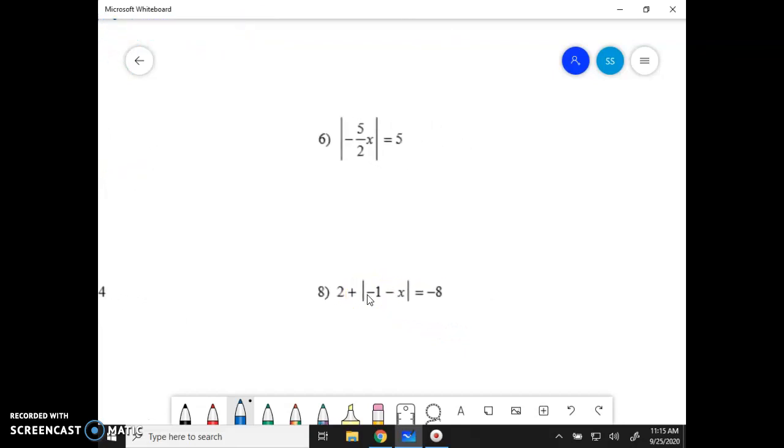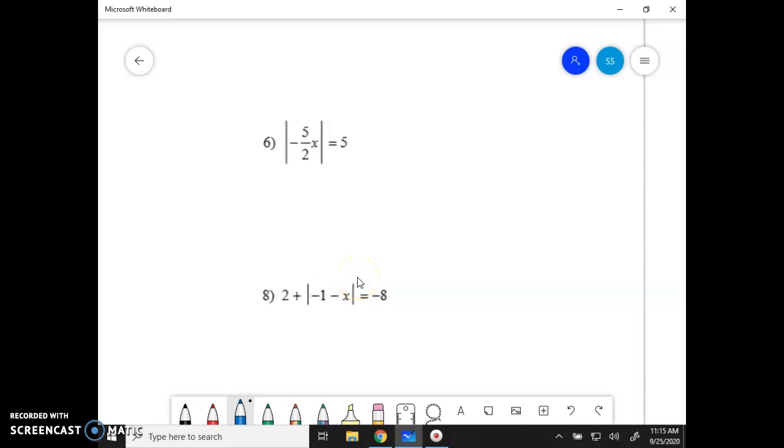So let's first start with, are we going to have a solution here? Yes, we are, because this is a positive 5. So what we're going to do is remove the absolute value bars. We're going to get negative 2/5 x is equal to 5. And then we're going to do the same thing, negative 5 halves, I should say, is equal to negative 5.